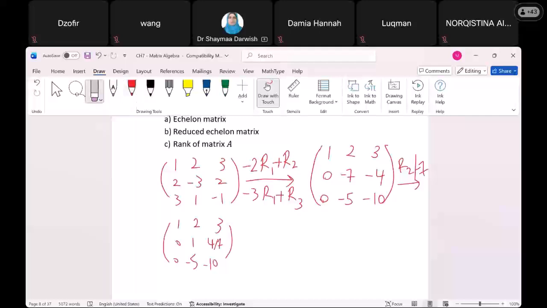Now I divided the second row by minus 7.